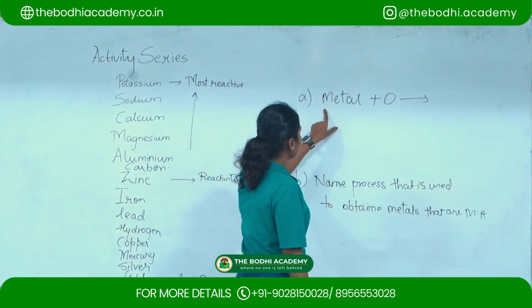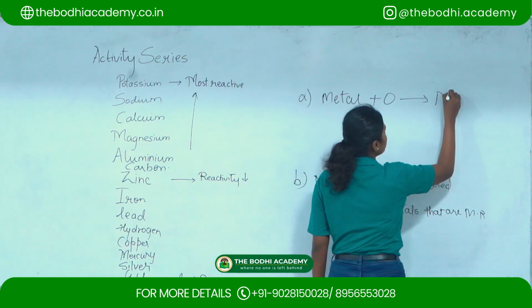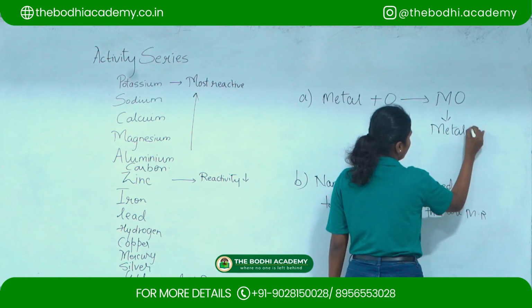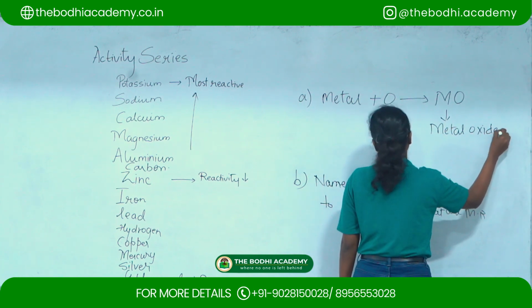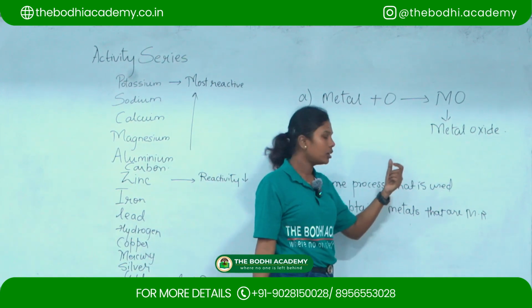So how do we obtain these metals? First question: metal plus oxygen. We know it gives us MO, that is a metal oxide. So any metal when combined with oxygen ends up giving us a metal oxide.